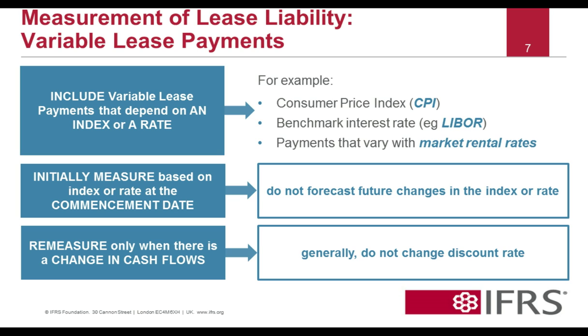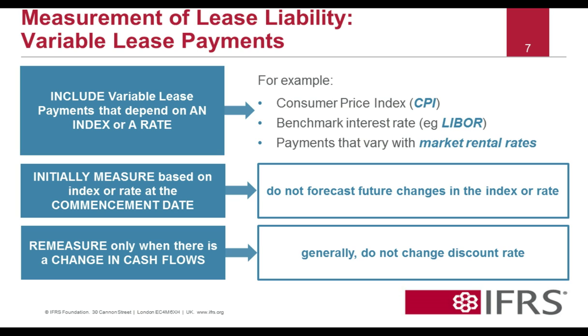At that point, the lessee remeasures the lease liability, assuming that payments throughout the remaining 8 years of the lease term will be the same as they are when changed at the end of year 2. So if 2 years after lease commencement, the particular rate is increased such that the lessee now pays 105 annually, the lessee remeasures the lease liability, assuming annual lease payments of 105 throughout the remaining 8-year lease term.